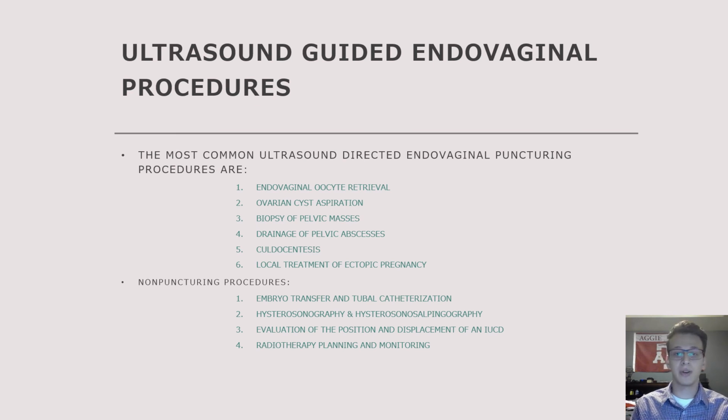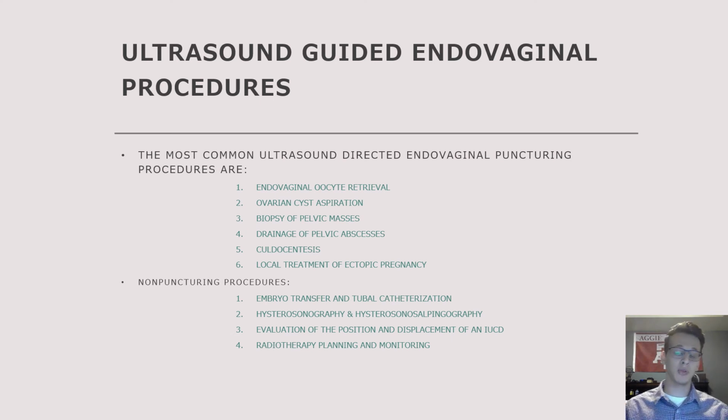Now, ultrasound-guided endovaginal procedures. The most common ultrasound-directed endovaginal puncturing procedures are endovaginal oocyte retrieval, ovarian cyst aspiration, biopsy of pelvic masses, drainage of pelvic abscesses, culdocentesis, and local treatment of ectopic pregnancies.